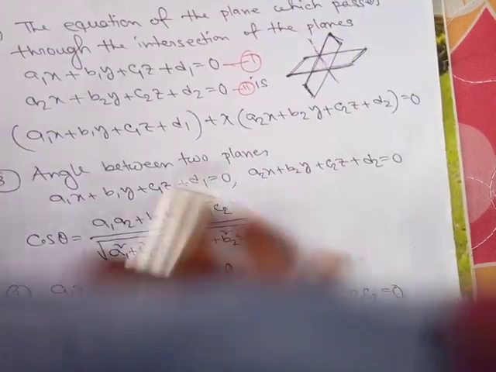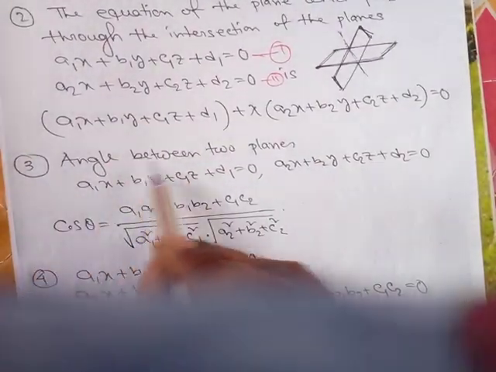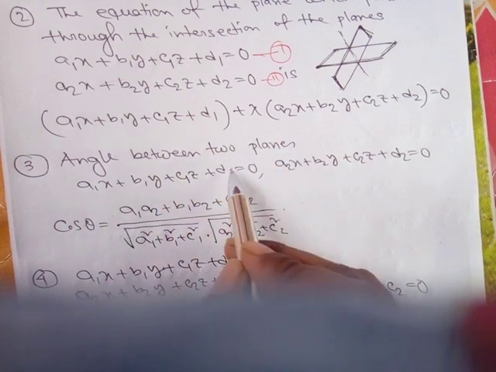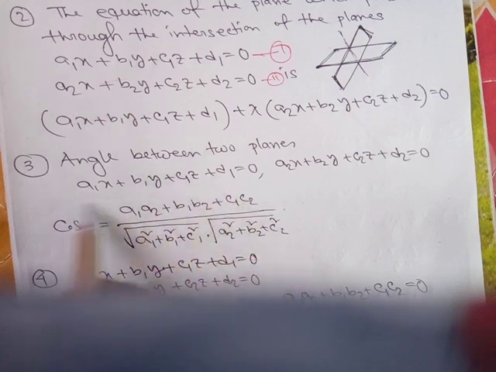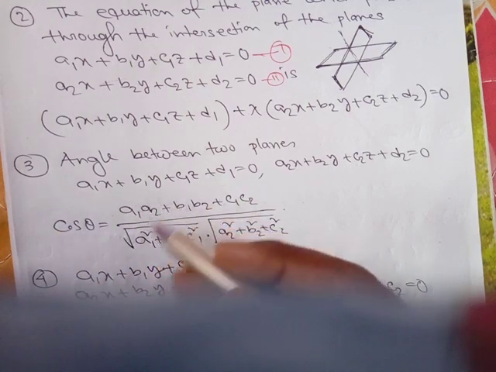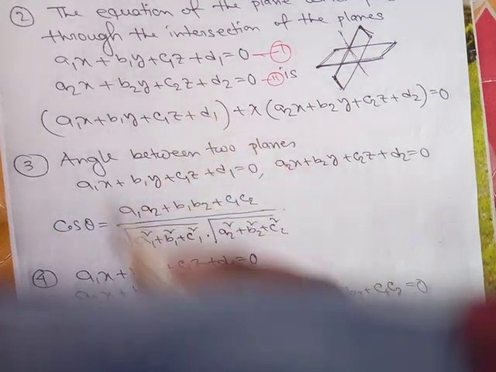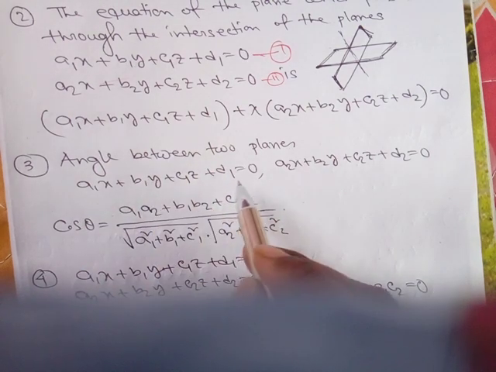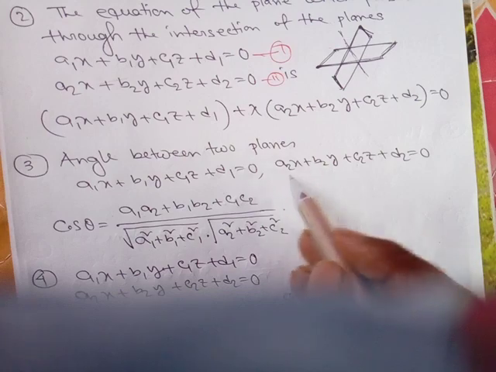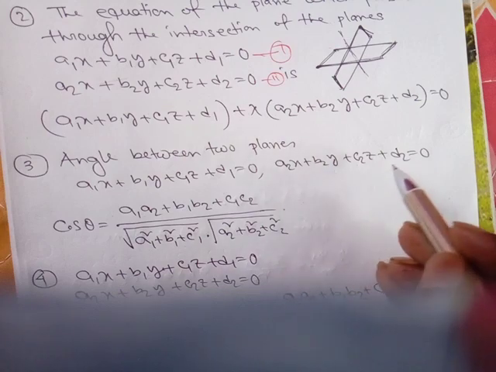Next, number 3: the angle between two planes. Suppose this is one plane and this is another plane. In every case we have taken similar types of planes because it helps to remember all those formulas easily. The planes are a1x plus b1y plus c1z plus d1 equal to 0, and a2x plus b2y plus c2z plus d2 equal to 0.